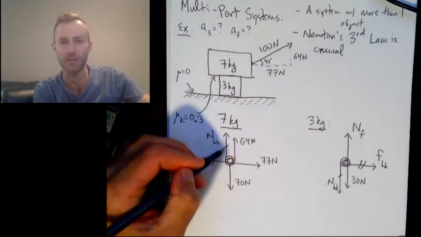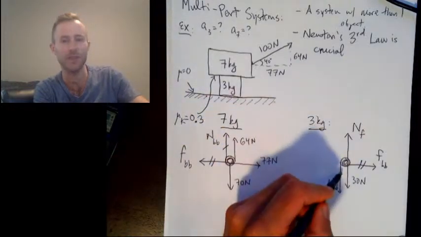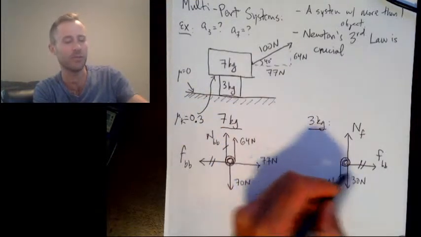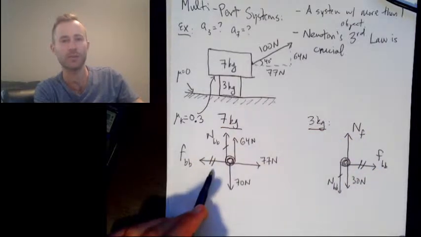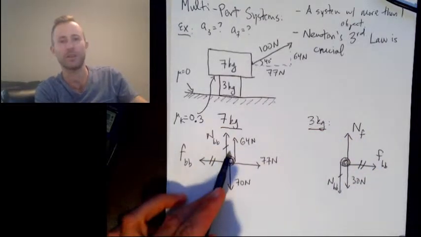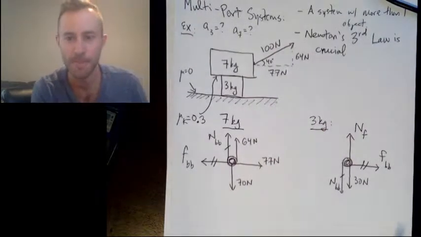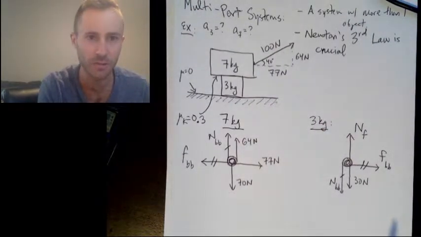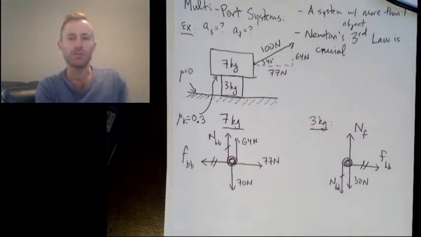So I put a slash to indicate that this force is the same size as that force. And I put a double slash to indicate that this force is the same size as that force, but not going to be the same size in general as the normal force between the blocks. Kind of like in geometry, I think you put slashes to indicate equality.